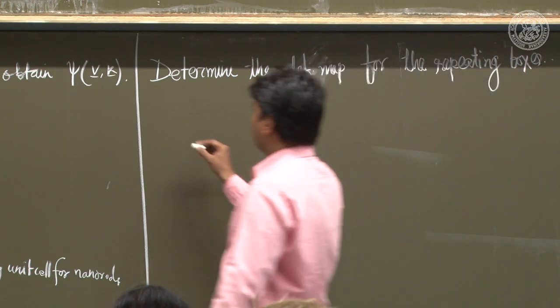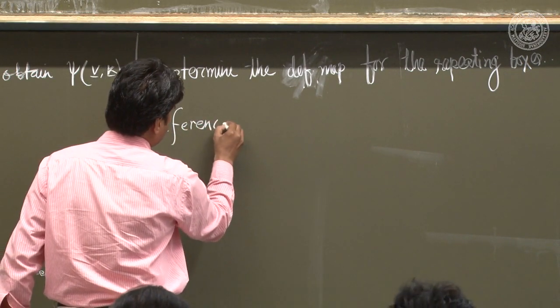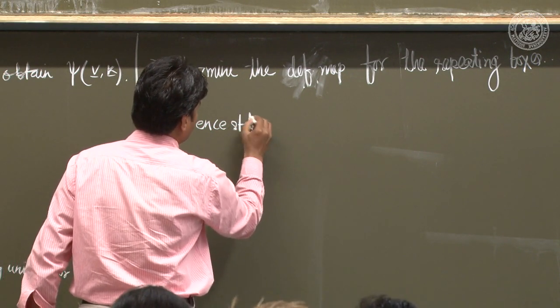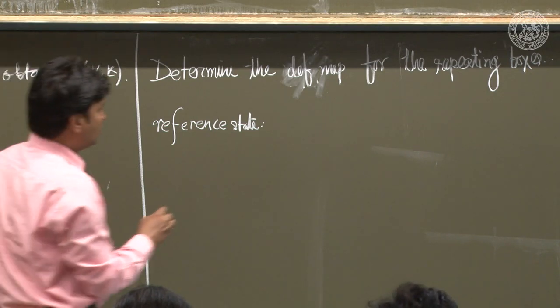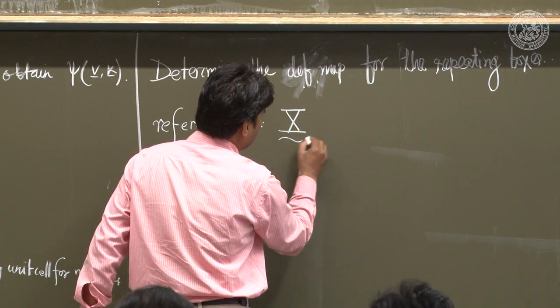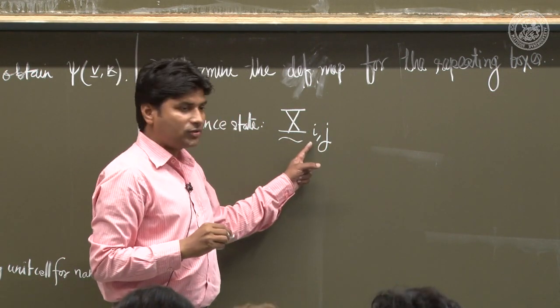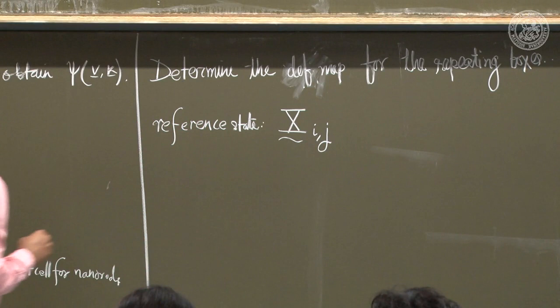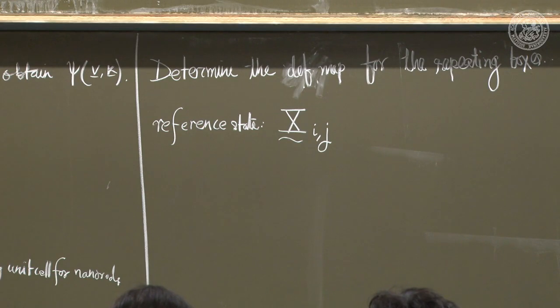So, in the reference state, the positions of atoms in the boxes we denote by big X, I comma j, where I denotes which box I am talking about. Is this I equal to 0, I equal to 1, I equal to 2, I equal to 3, I equal to 4, and j denotes your atoms within the box.